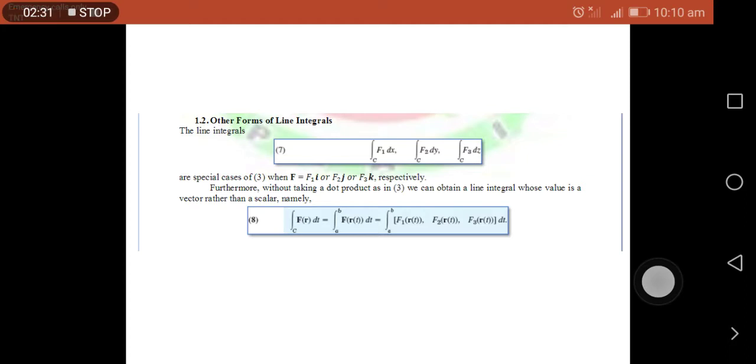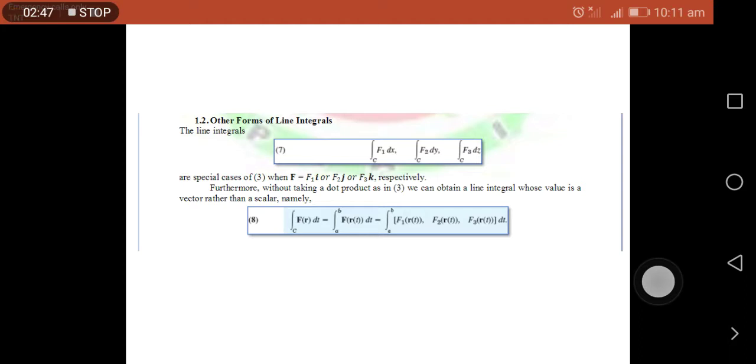Then after that dot product, we evaluate them using the limits. After that, the final answer is the result of the line integral.